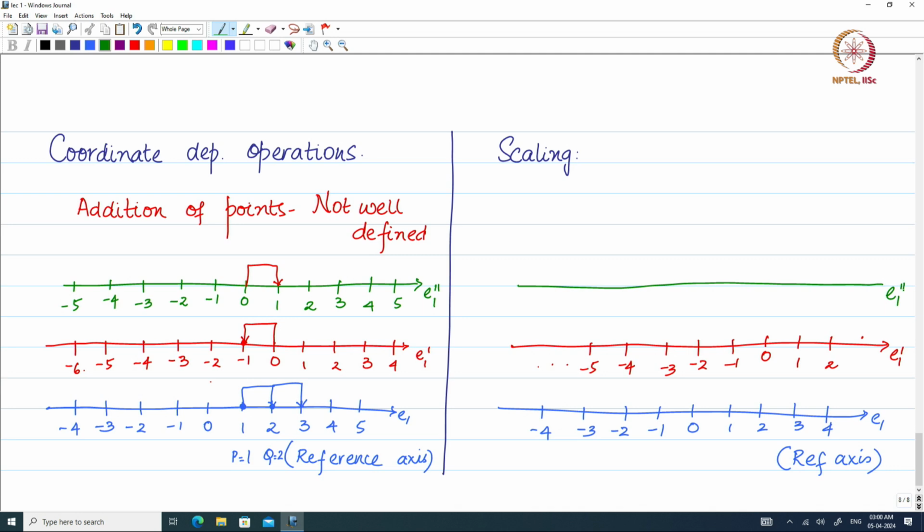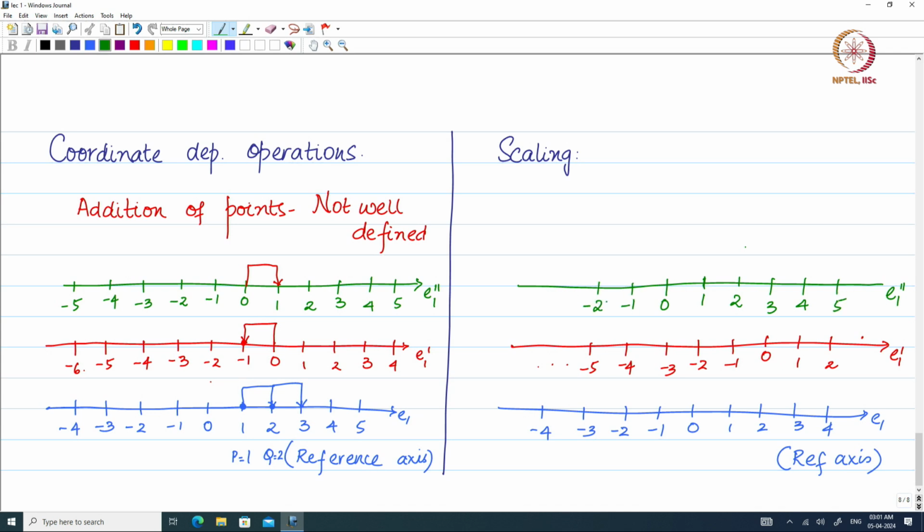So I am going to have E1 double prime, where the origin is here, at minus 1, the origin is here 0, this is 1, 2, 3, 4, 5, this is minus 1, this is minus 2.